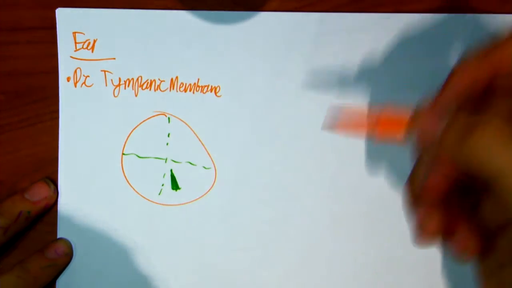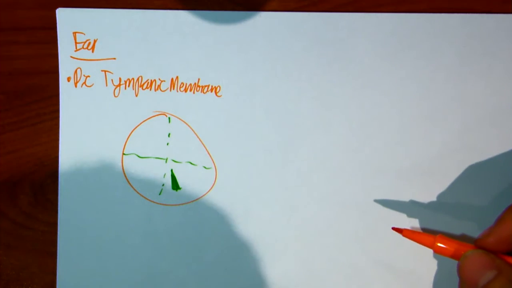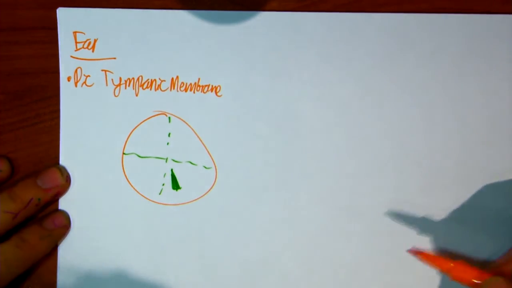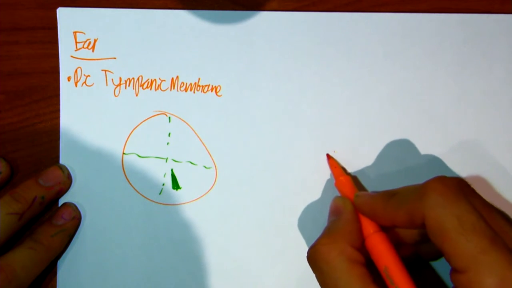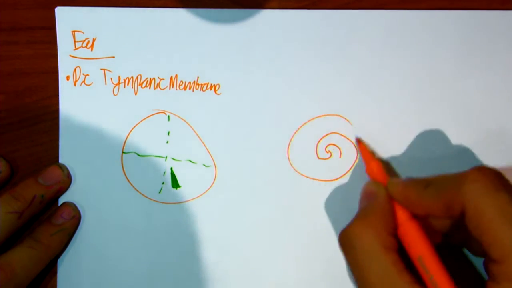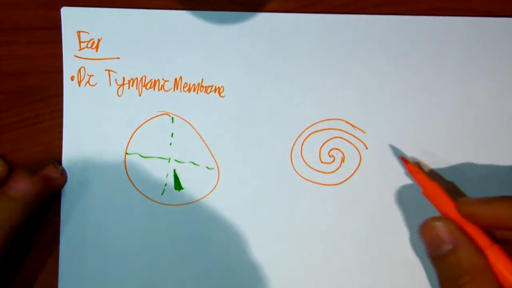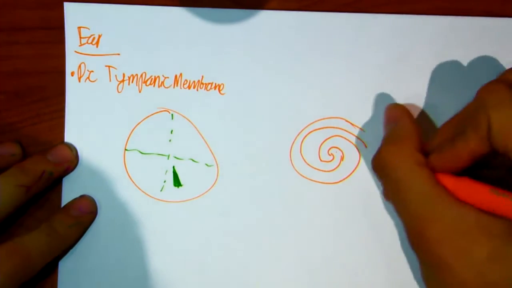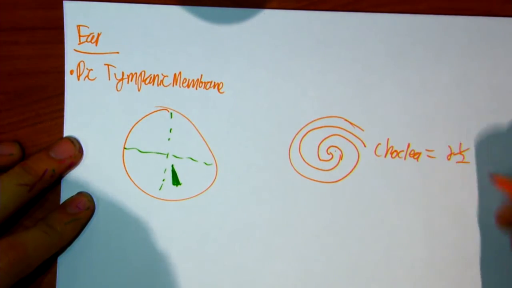From here, we're going to move on to the internal ear structure. You have the ossicles, which are the bones. Now we're going to talk about the cochlea. The cochlea is also called the spiral organ. It looks something like this, except I totally screwed it up. But cochlea. Cochlea has approximately 2.5 turns to it.